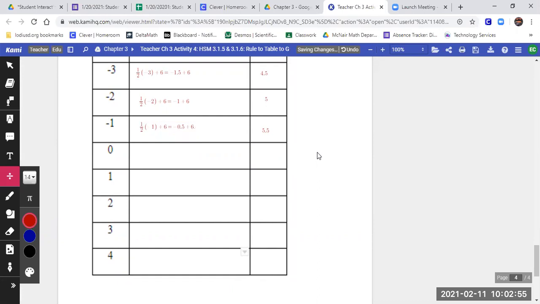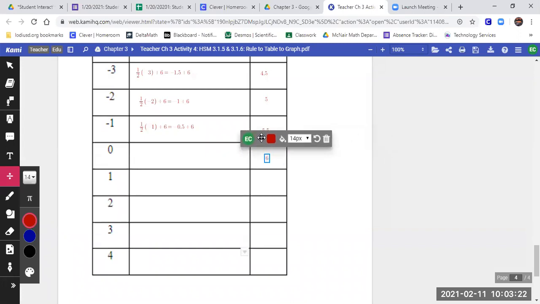What's our next answer going to be? Follow the pattern. Come on, guys. What's the next answer going to be? 6. Follow the pattern.